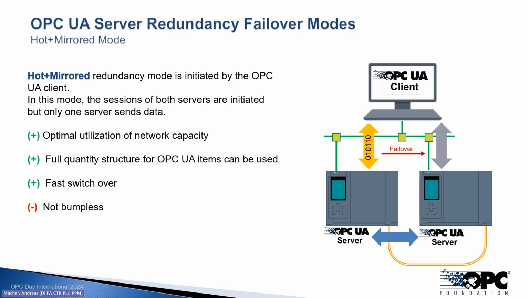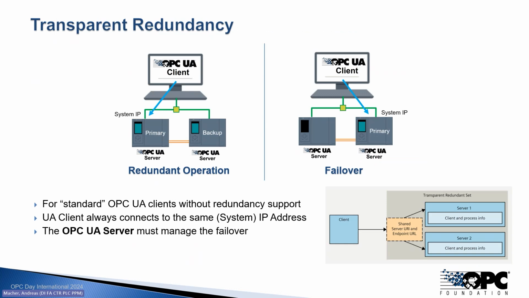There's another term in the specification, which is called transparent and non-transparent redundancy. First, the transparent redundancy. In this case, the OPC UA client always connects to the same endpoint URL. So from the client perspective, it's transparent whether there is a single or a redundant system.